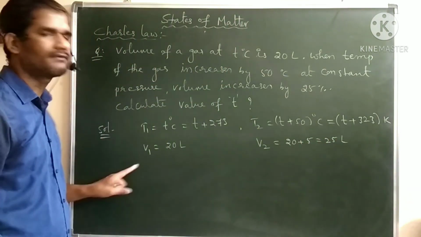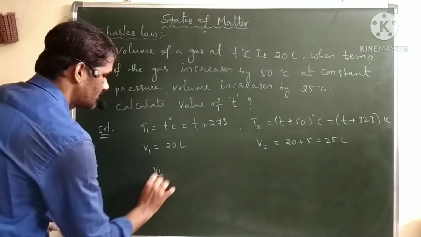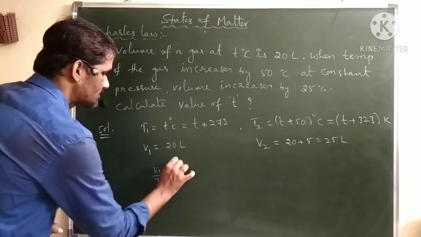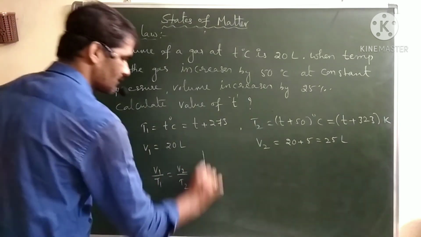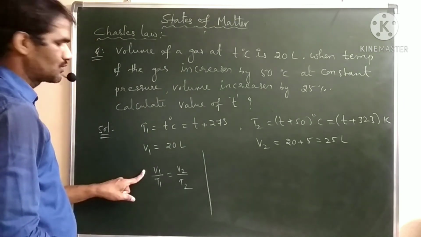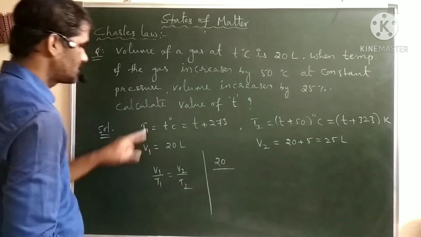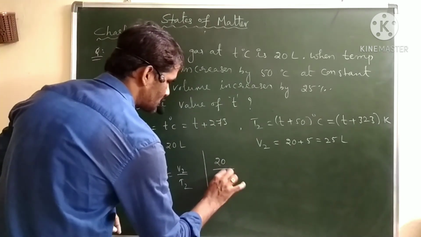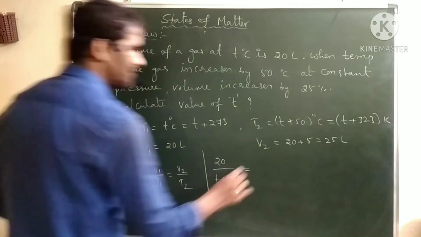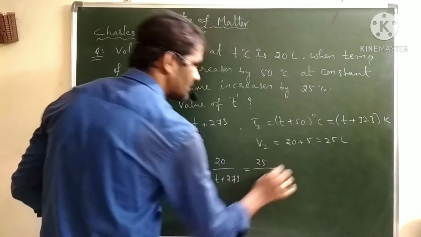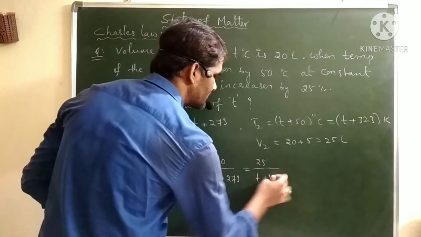Now we have T1, V1 and T2, V2. Again the formula, V1 by T1 is equals to V2 by T2. Just if you substitute all the given values here, V1 is 20 and T1 means T plus 273, and V2 is 25 and T2 means T plus 323.